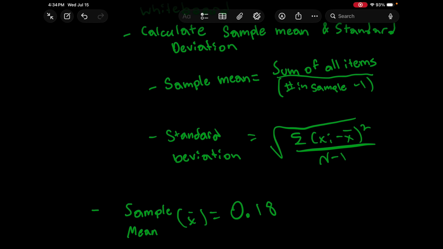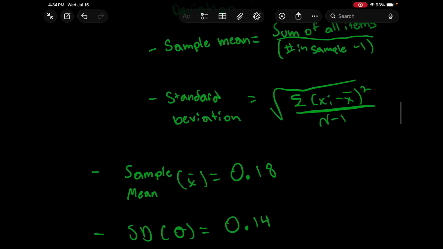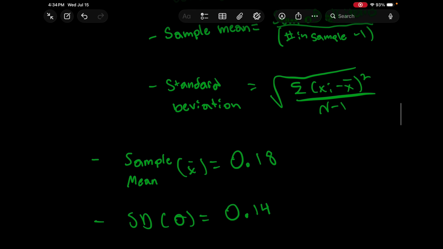This is a big formula, but it's important. So good to review. So now let's take a moment, class, and everyone use this data and calculate our sample mean. All right, so we got a sample mean of 0.18 and a standard deviation of 0.14 here.